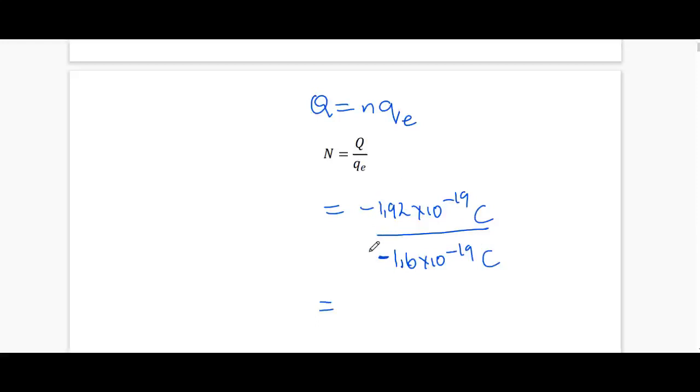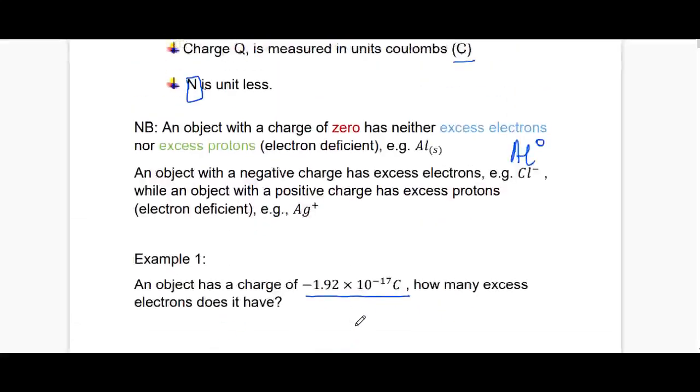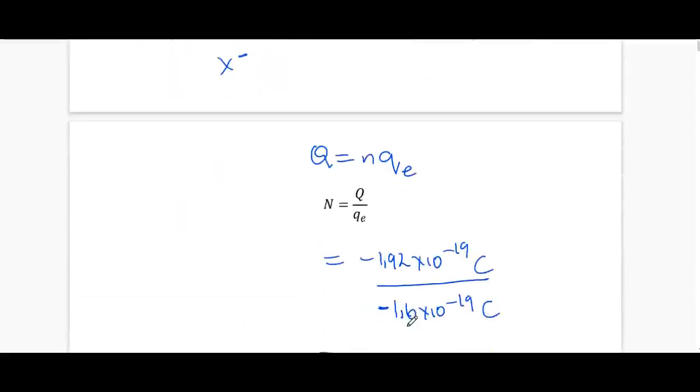So 1.92 times 10 to the power minus 19 over 1.6 times 10 to the power minus 19. Oh, that's 17 at the top.